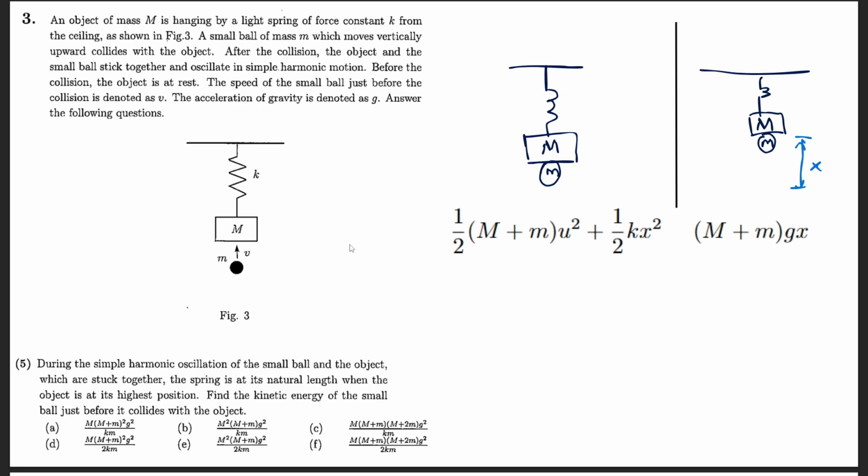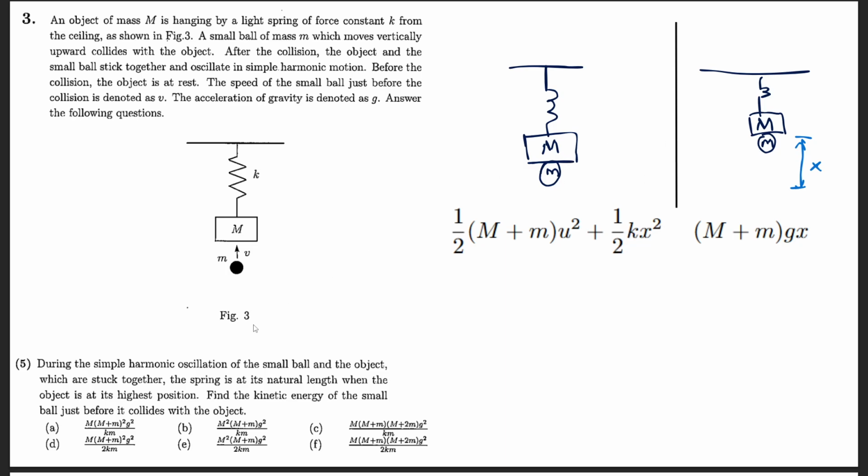So at the moment the small m and big M collide and move with the velocity u, there is the kinetic energy, that is this, and the potential energy of the spring, that is a half times k x squared.